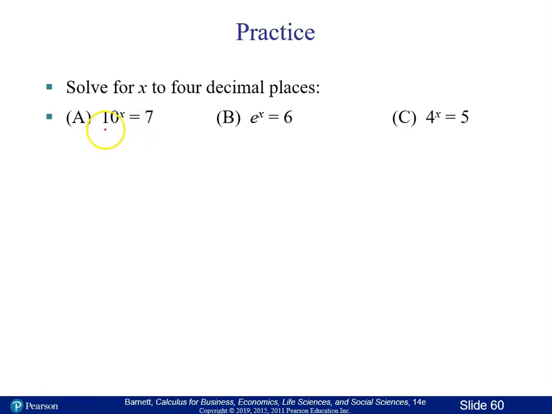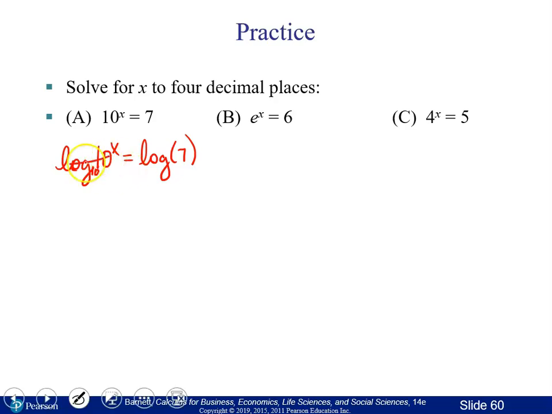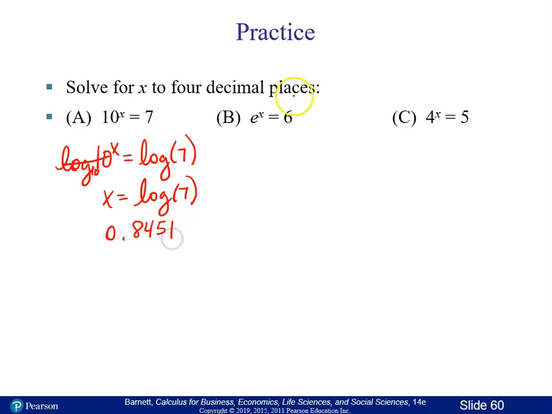Okay, here are a few for you to practice. This one is set up nicely for a common log. So we'll do the log of 10 to the x is equal to the log of 7. Again, if it's a common log with a base of 10, then we're left with x equals the log of 7. So 0.8451.